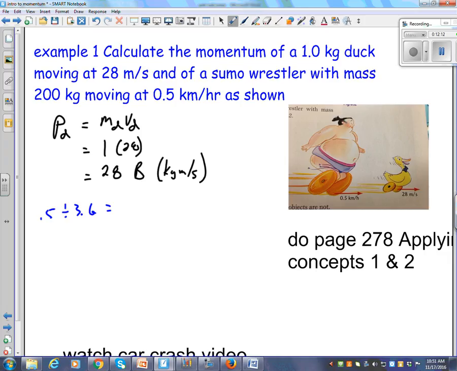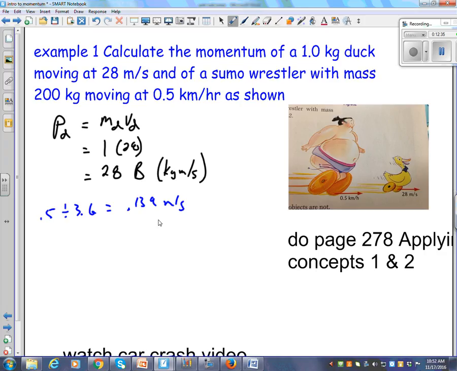Kilogram meters per second. So I get 0.139. Is that what you got? 0.139. No, I've converted that to meters per second. I've taken the 0.5 kilometers per hour, divided by 3.6, and got 0.139 meters per second.